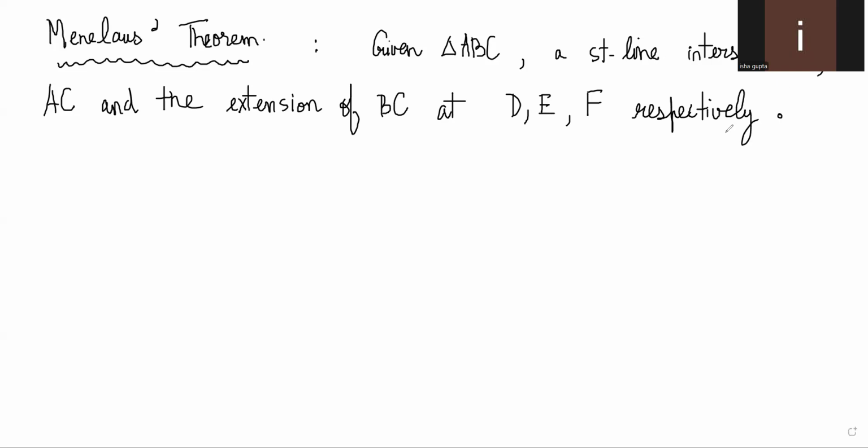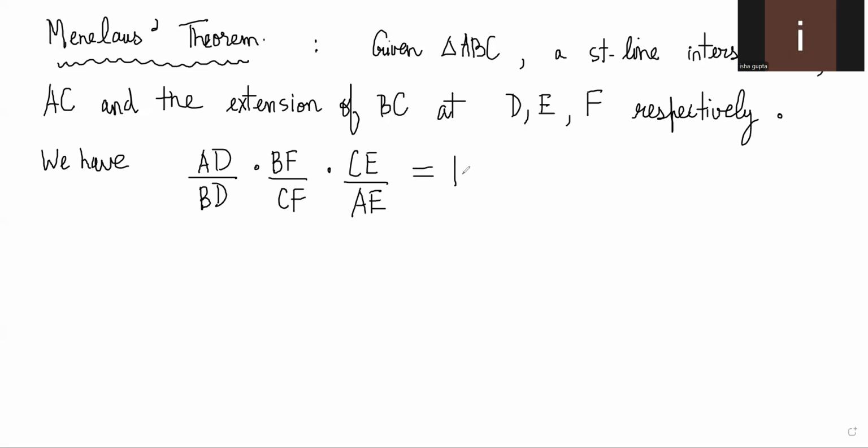Then if the straight line intersects it like this, we have the following relation: AD by BD multiplied by BF by CF multiplied by CE by AE is equal to 1. So first of all, we have to draw the figure and understand what is going on.